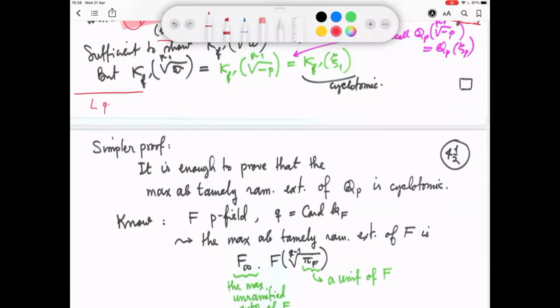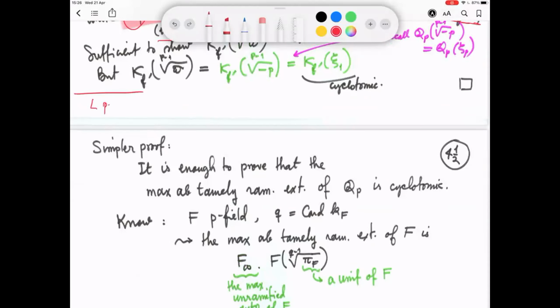And then you just adjoin a (p minus 1)th root of minus p to get the maximal tamely ramified abelian extension. But adjoining a (p minus 1)th root of minus p is the same as adjoining zeta_p. So basically you are just using the fact that adjoining this thing is the same as adjoining this zeta_p. Okay, so you get that tamely ramified abelian extensions of Q_p are cyclotomic.